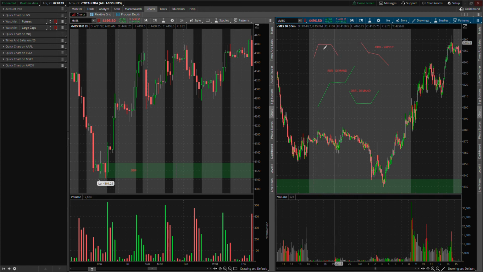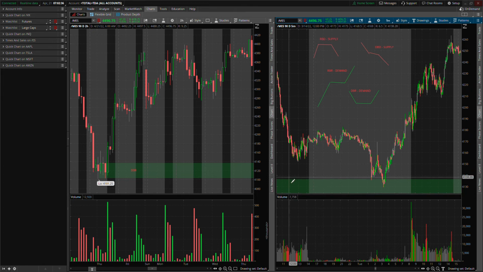Rally, base, institutional buyers and sellers not liking the price, drops out of it. Orders aren't all 100% completely filled. Next time it comes back into that area, you should be able to get a pretty good short position off of it. All right. Rally, base, drop. Ends in a D, right? Ends in a drop. It's going to be supply.